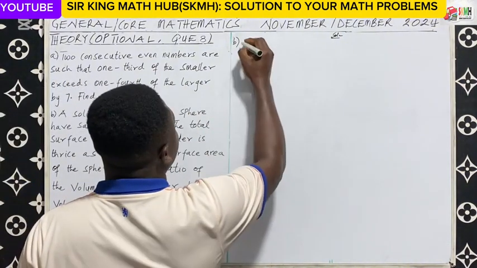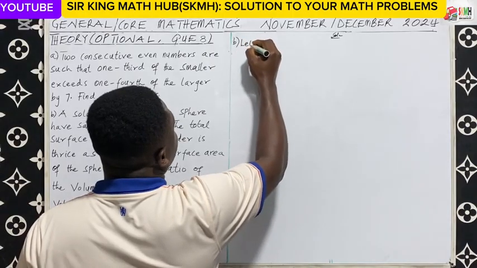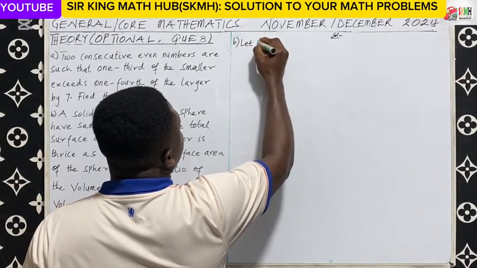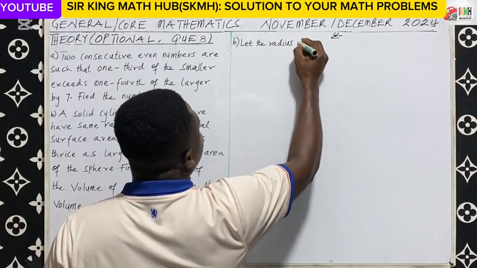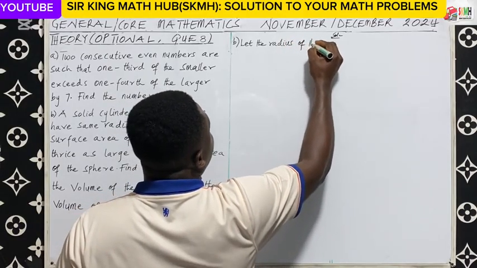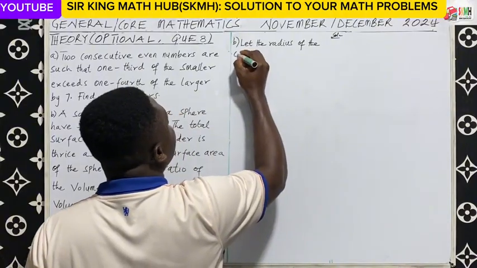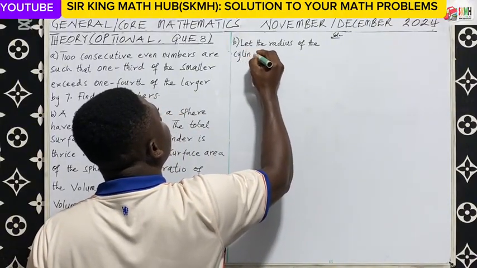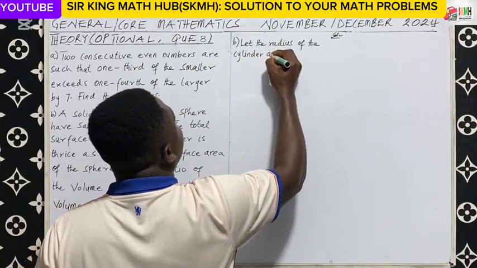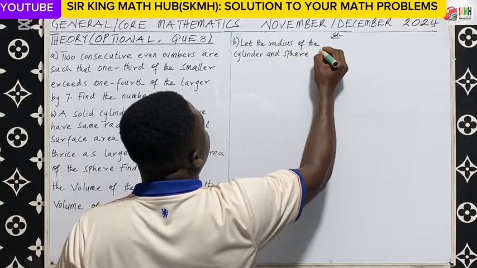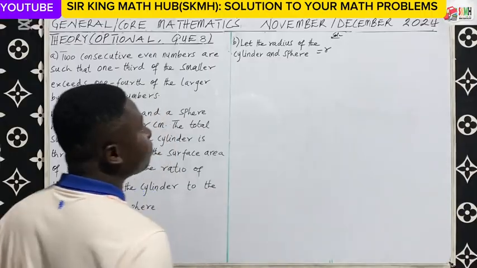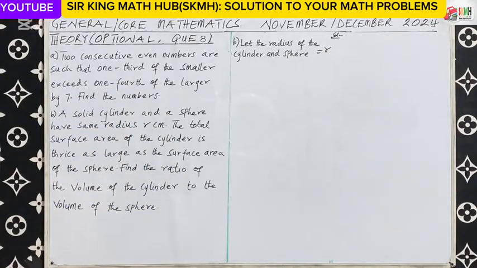So let's quickly represent something. So we have represented the radius of the cylinder and the sphere as R.